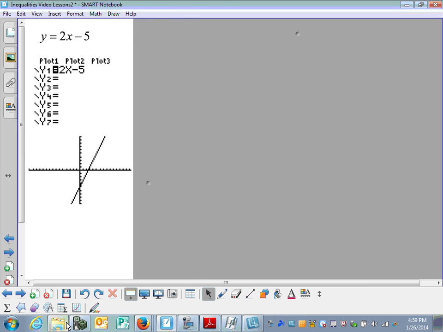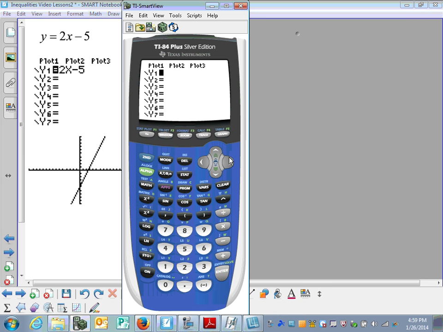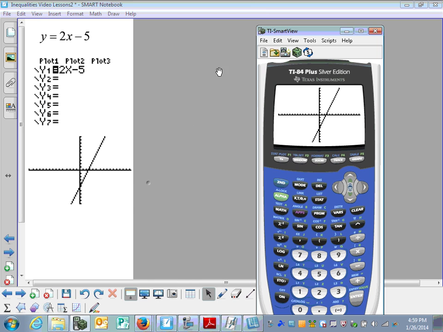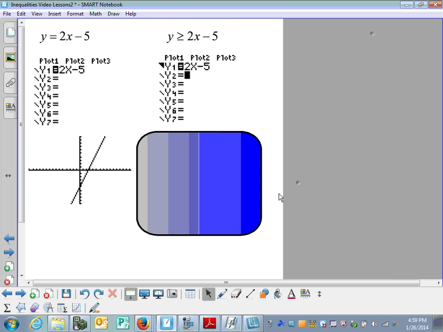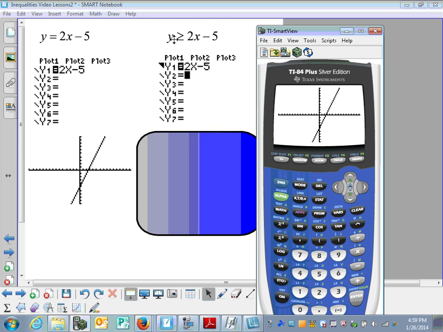So let's start by graphing 2x minus 5. It looks like that. All right. So let's try y is greater than or equal to 2x minus 5. So if I think about it, I'm anticipating that above the line, it's greater than that.